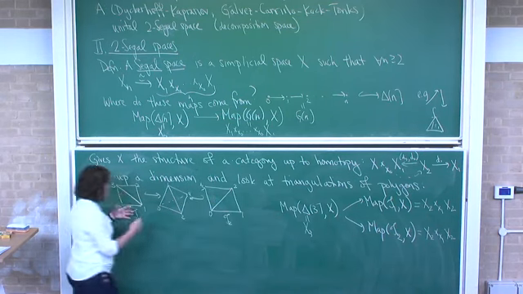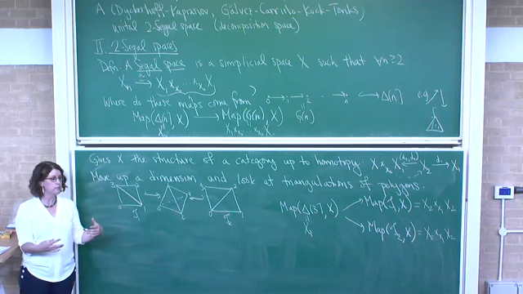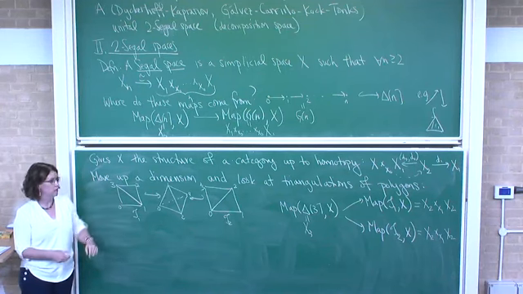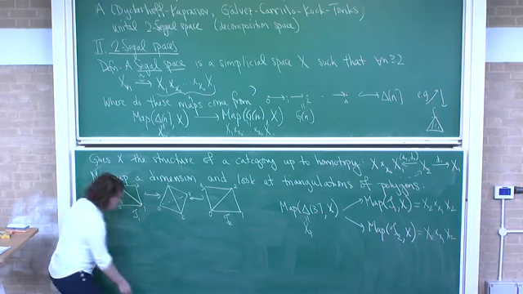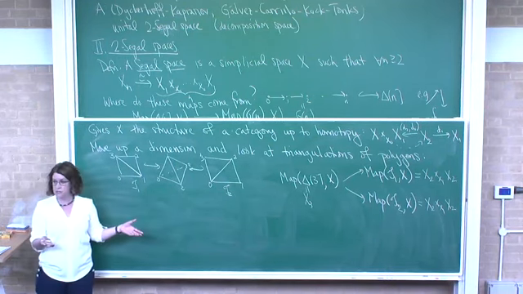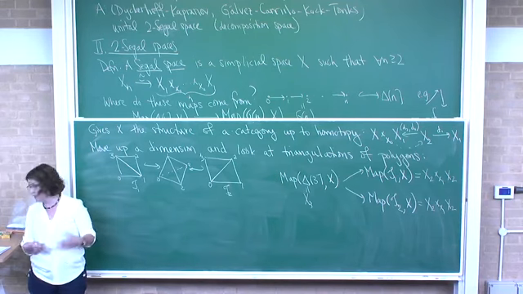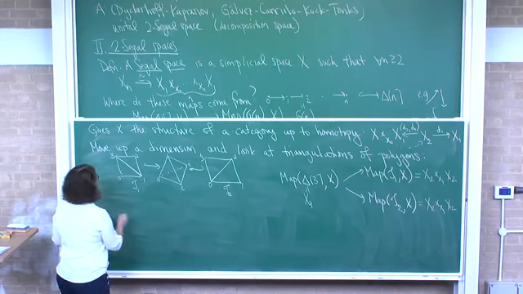And then if you have polygons with more sides, you're going to have a lot more possibilities for triangulations, and hence a lot more maps of this kind. But we can just say, take all the maps of this kind and ask that they all be weak equivalences. That's going to be our definition of a two-Segal space.